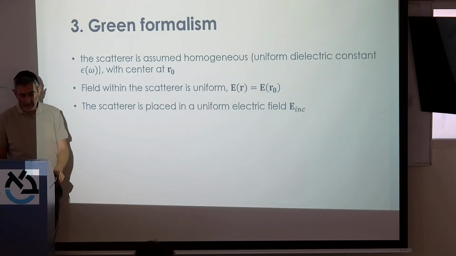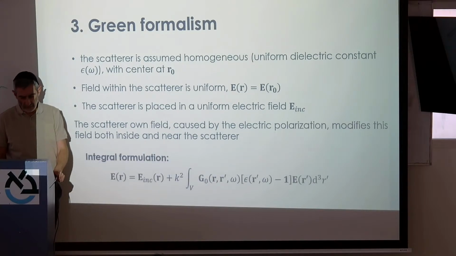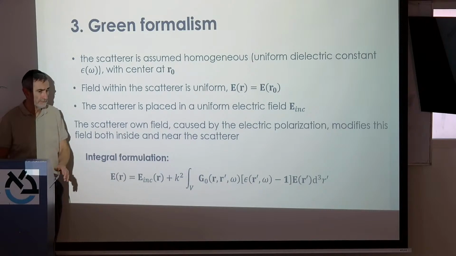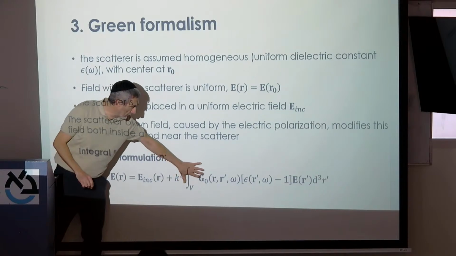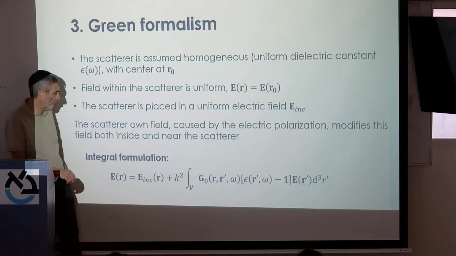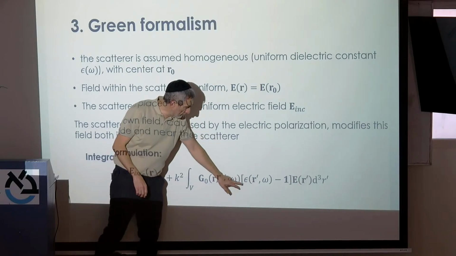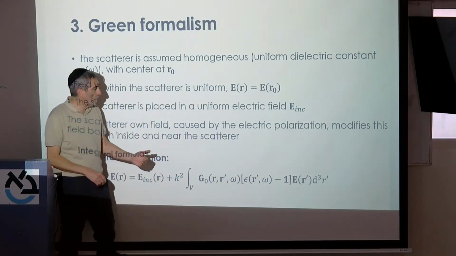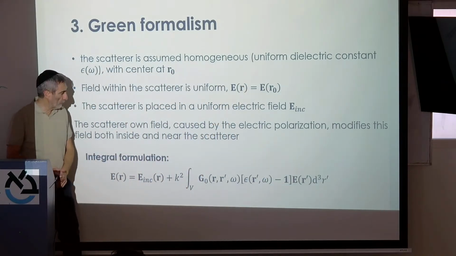The scatterer is placed in the uniform incident electric field. The scatterer, through the induced polarization, modifies this field both inside and near the scatterer, as we said before. And we have the integral formulation: E of R is E incident plus the scattered field, given by the integral over G0, the free space Green function, times the polarization, which is given by epsilon minus 1 times the field inside the scatterer.